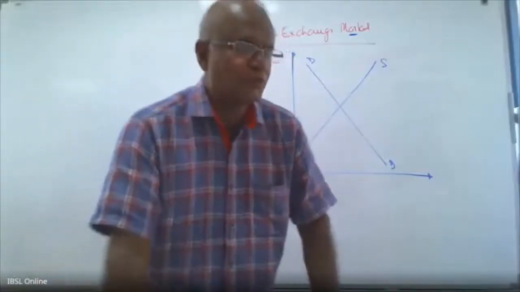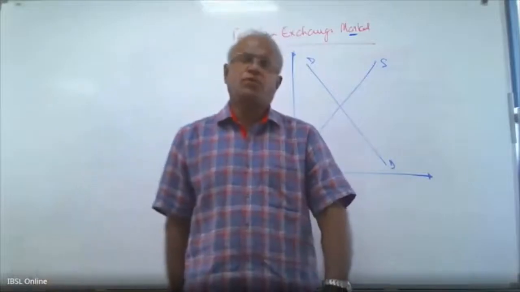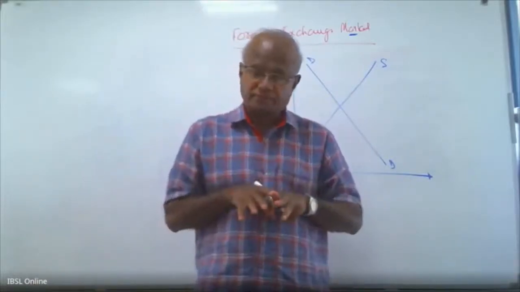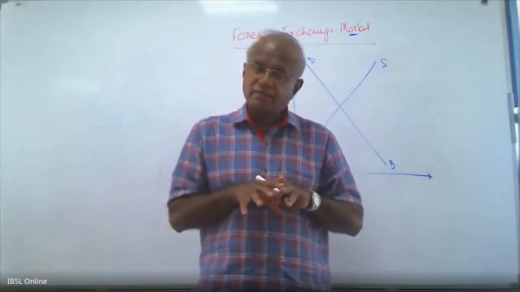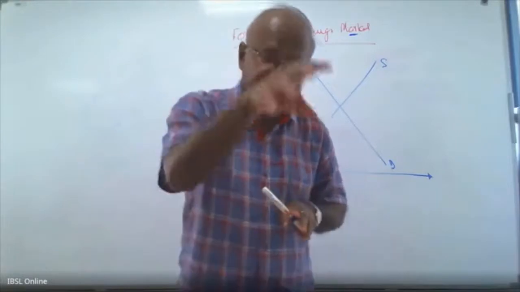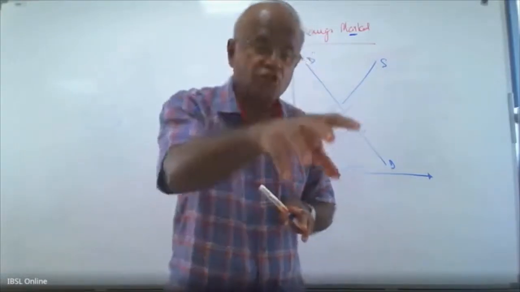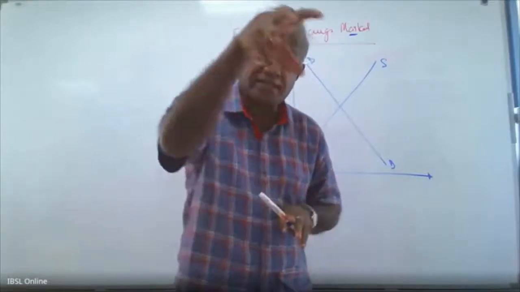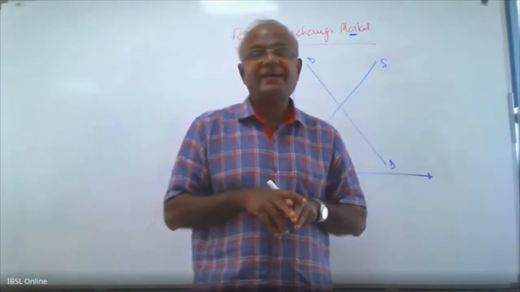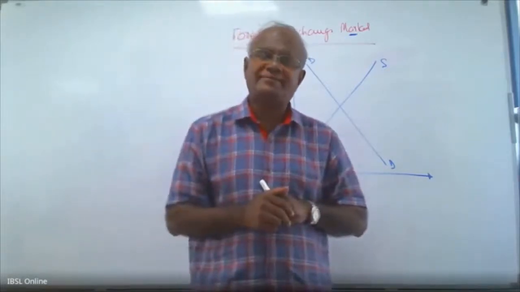Exporters? Why exporters? If you want to buy a car from Japan, you have rupees, right? You demand dollars. You go to the bank, open an LC, you convert your rupees into dollars. You demand dollars from the bank. Why? To buy these foreign goods produced in Japan.